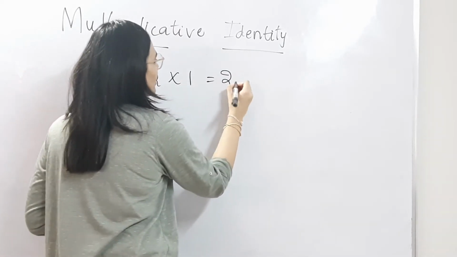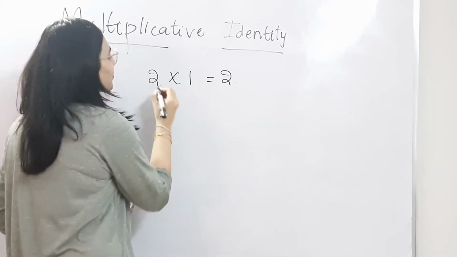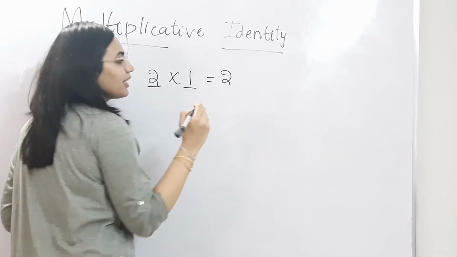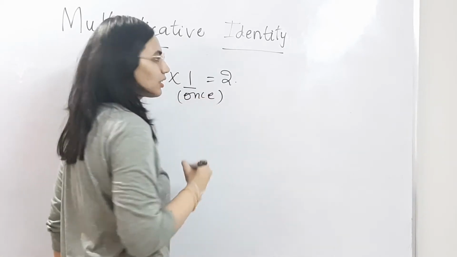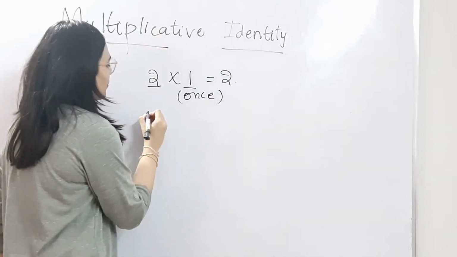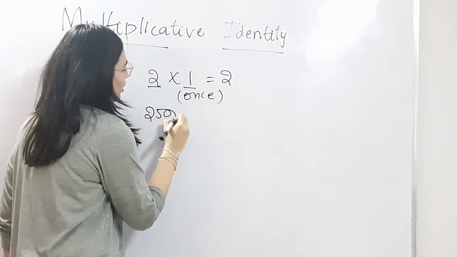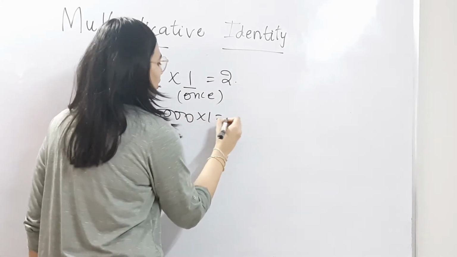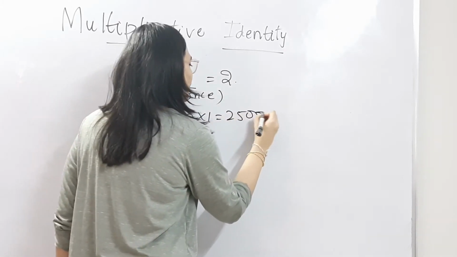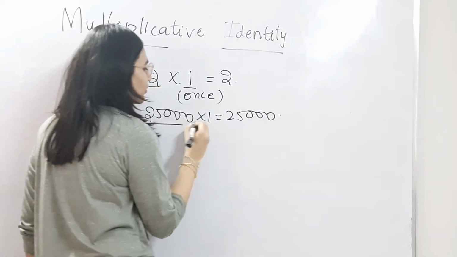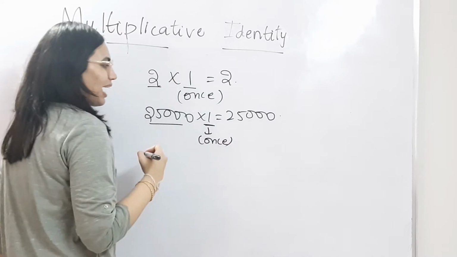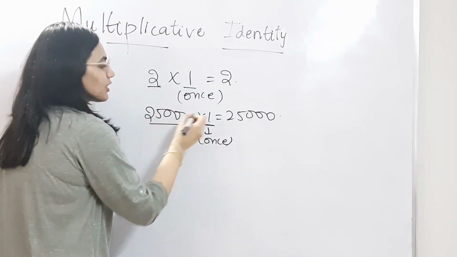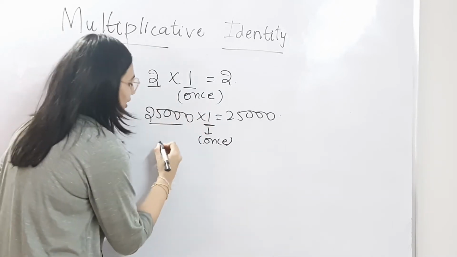I'll get the answer as 2 only because 2 is repeated only once, right? Now again, what happens if I multiply 25,000 into 1? The answer is 25,000 only because I am repeating 25,000 only once.